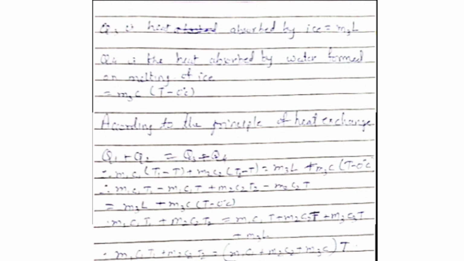And once it becomes water, only then will a further rise in temperature take place, and that will be M3 C. Now there is a rise. Final temperature is more than 0, na? So it will be T minus 0, so you will have M3 C into T. T minus 0 is T, na? So it will come like this. Correct? And this is the specific heat of water, which will be 1 only.